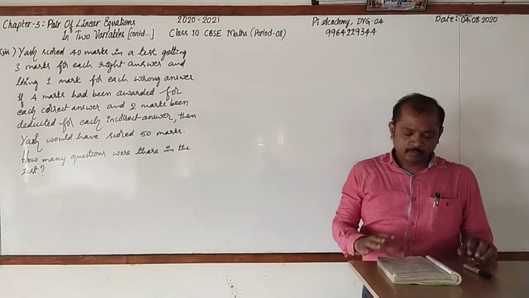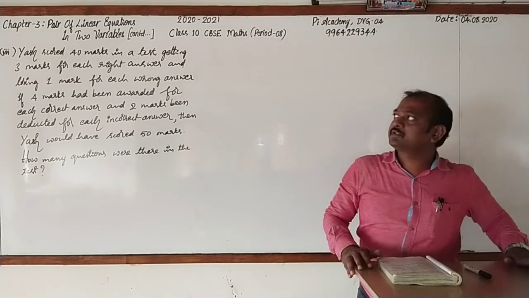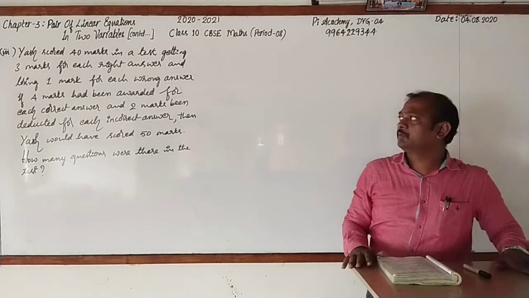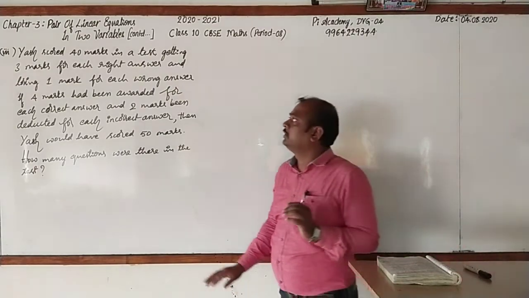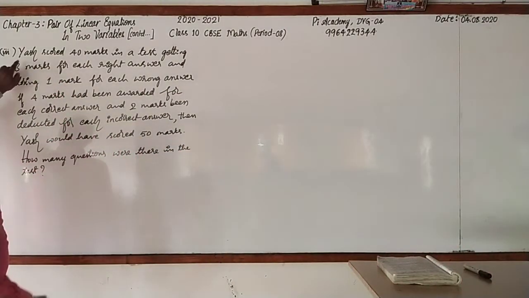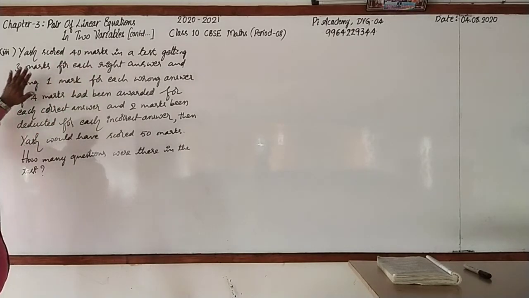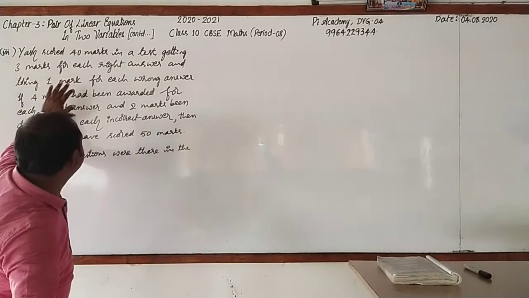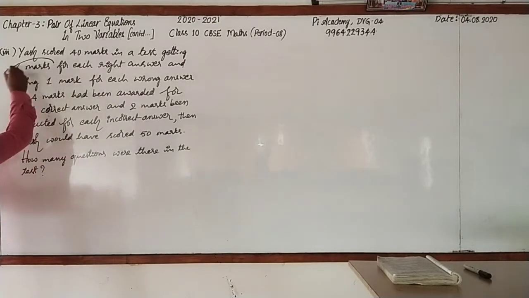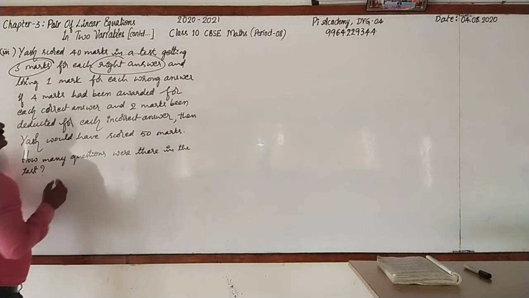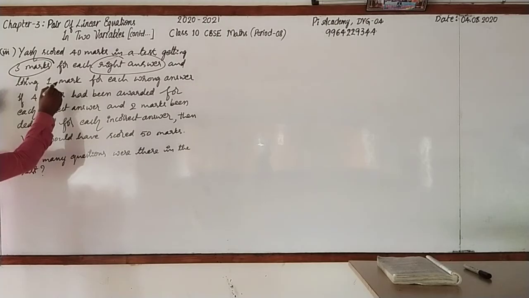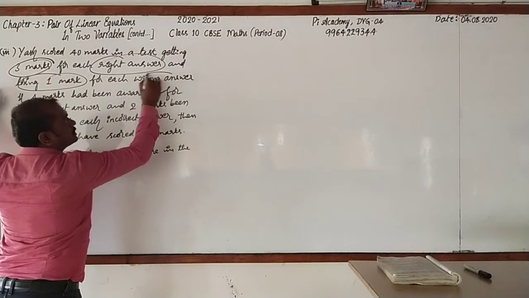Dear students, we have 3 more statement problems. In that, one has been written. Please go through this. Here, it is like this. Yash scored 40 marks in a test, getting 3 marks for each right answer and losing 1 mark for each wrong answer.